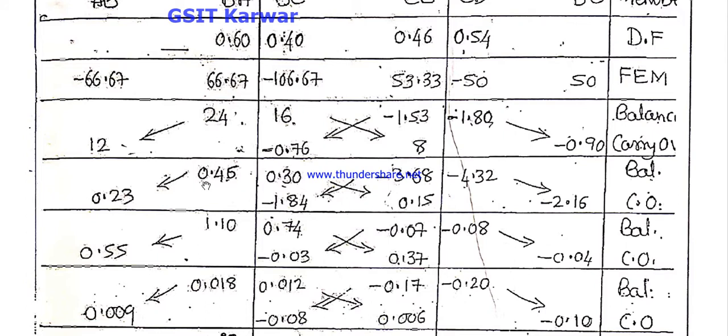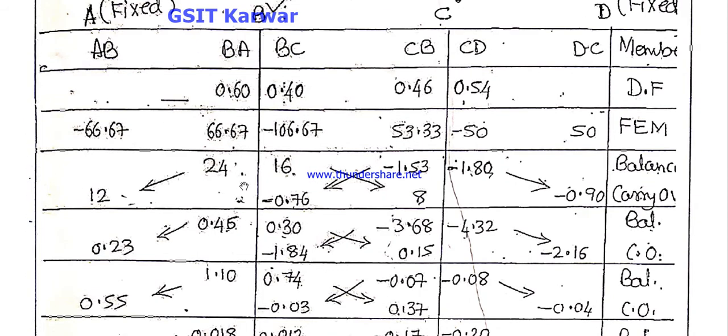Next, also same way you can calculate, but here you can observe, it is very important. When you are going to the next step balance, here you can take the final carryover moments. Here you can observe in span BA, there is no carryover moment, so that means here 0.